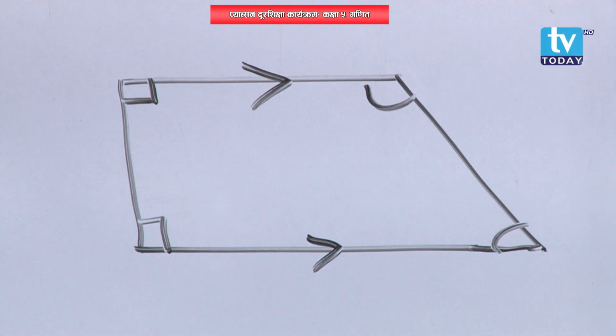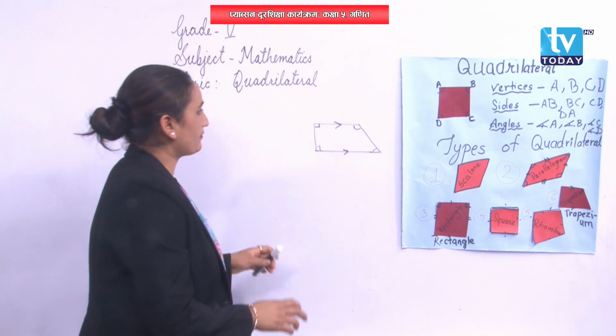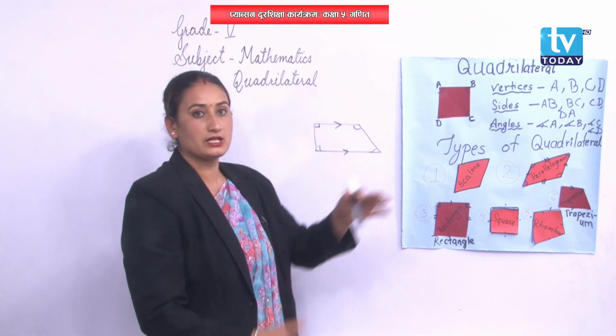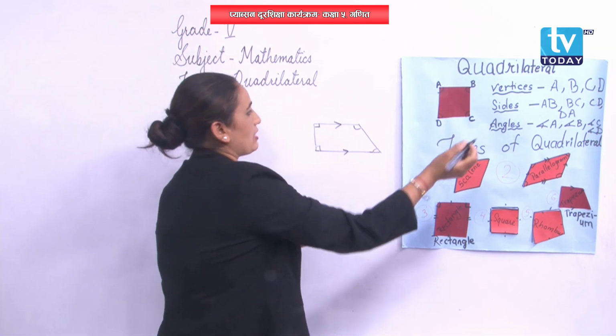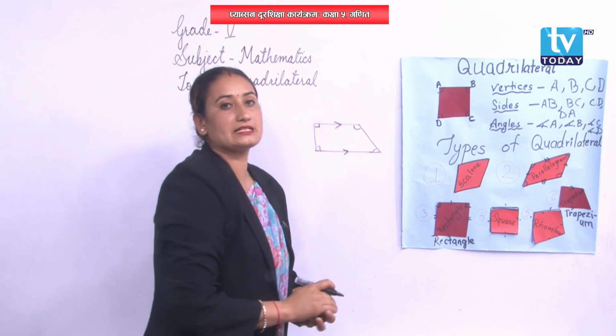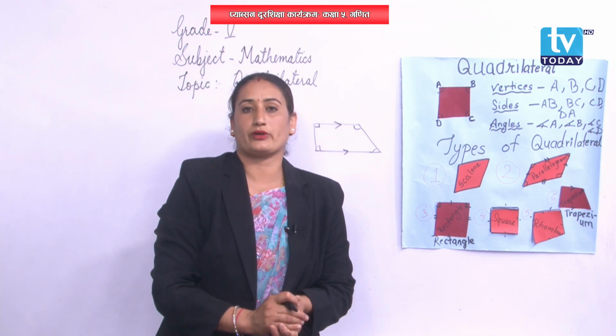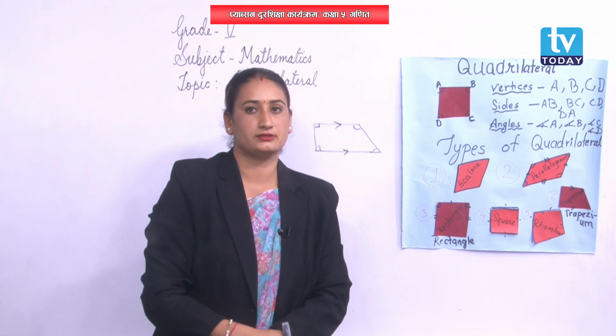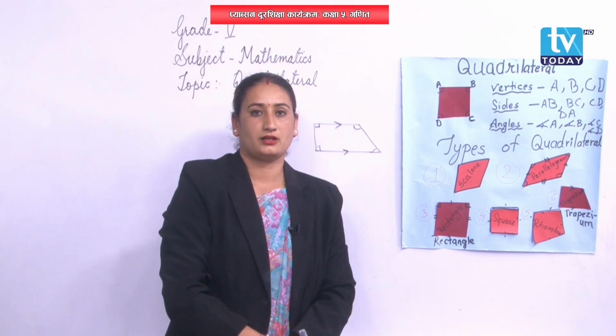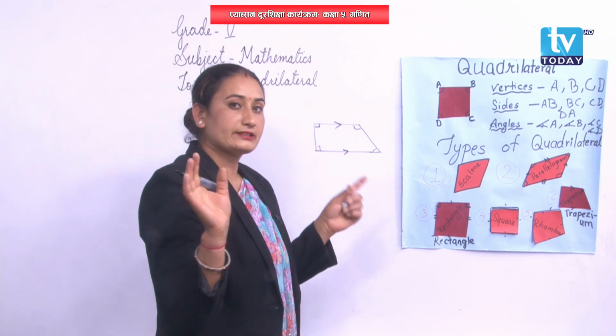Next, I have one question for you. So, in quadrilateral, you have a quadrilateral in your hand, right? So, I am going to show you this quadrilateral. Can we divide this quadrilateral in such a way that you are going to get two triangles? Okay, now I am going to divide it.